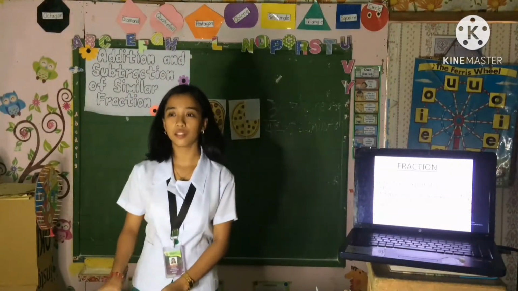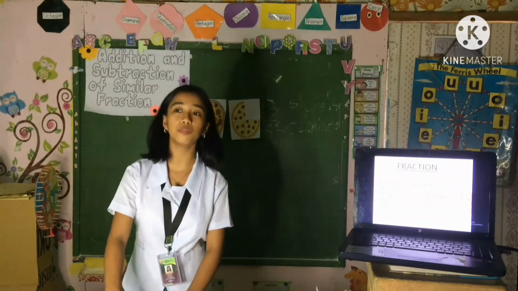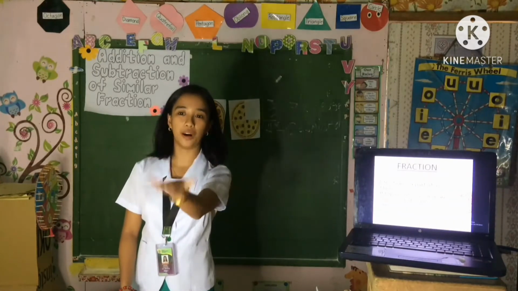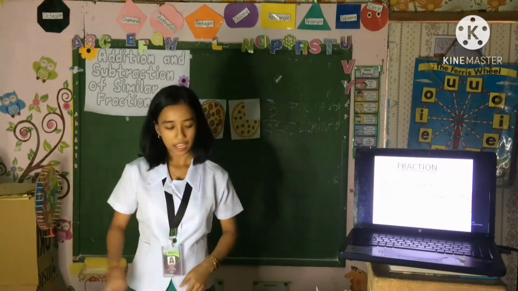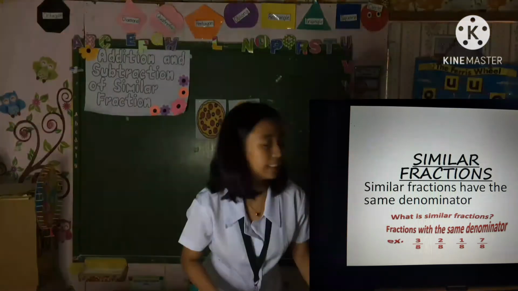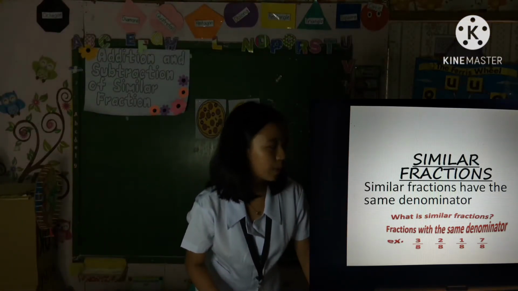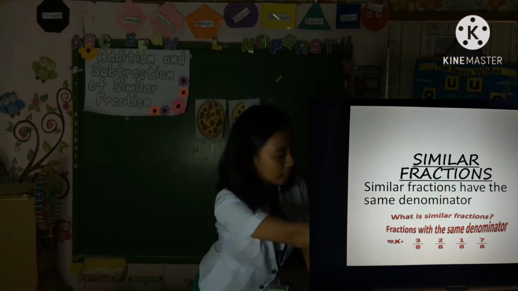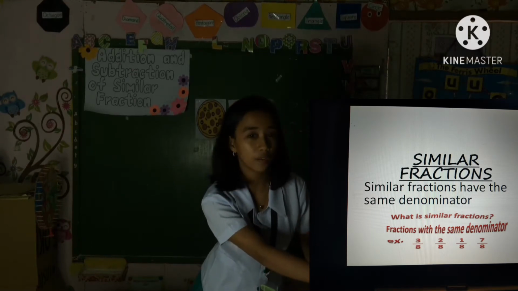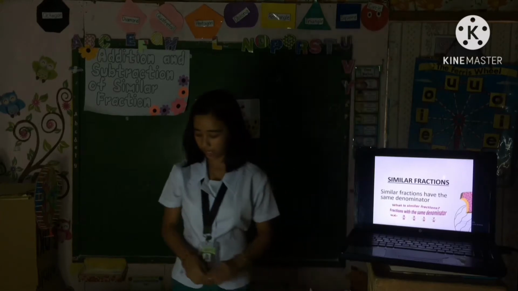Does anyone in the class know what a similar fraction is? Yes? Very good. Another one? Excellent. Similar fractions have the same denominator. For example, we have 3/8, 2/8, 1 over 8 and 7 over 8.